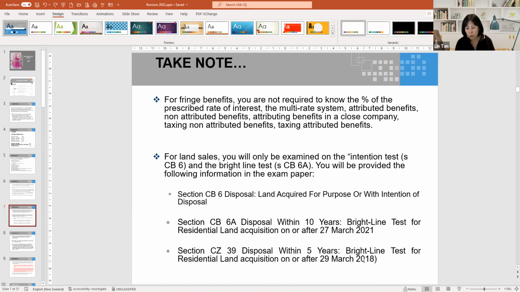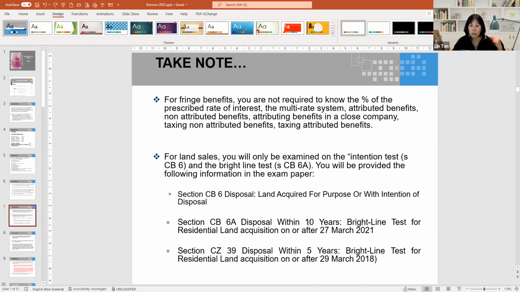So if you have a question that asks you whether those sales are subject to the bright line rule or not, the first thing is to check when the property was acquired, right? And remember when I went through this, step 1 is to look at when the property is acquired, and that refers to the sale and purchase agreement. So check the date. Was it acquired on or after 27 March 2021?